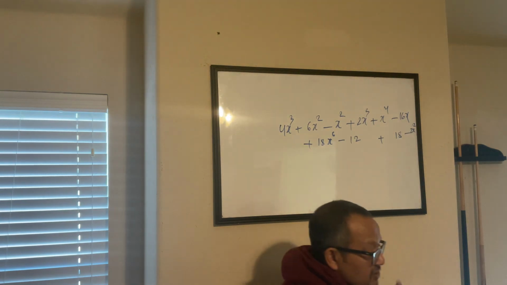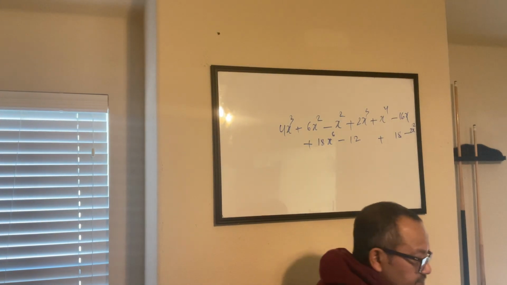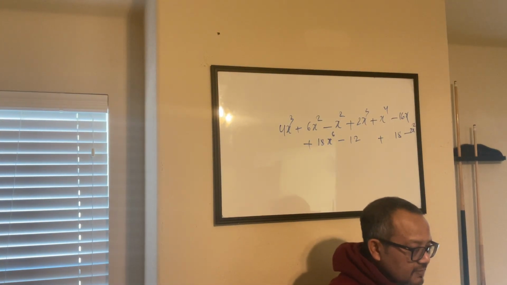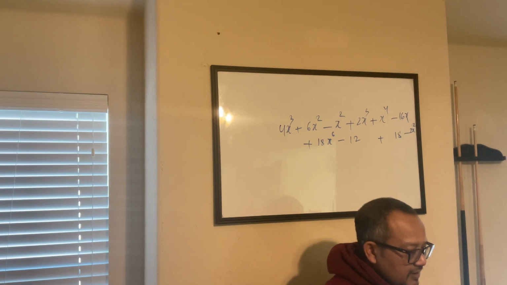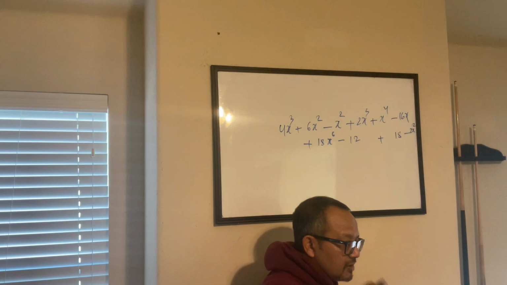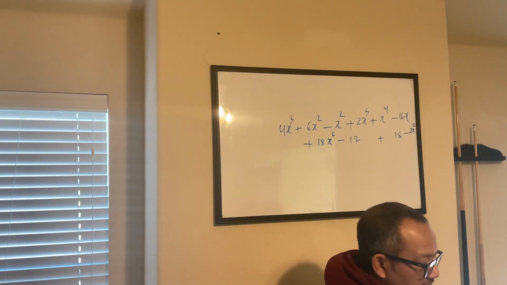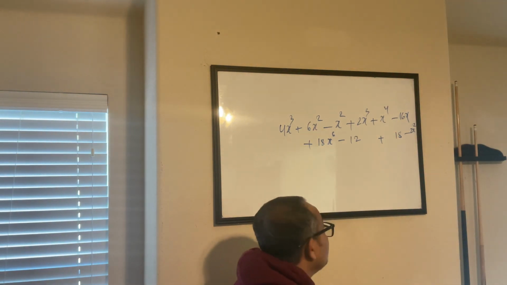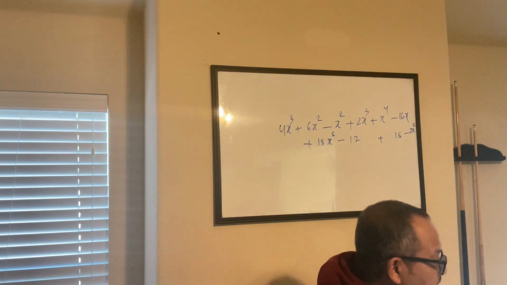Do you guys want to give it a shot? Is everybody able to see the question on the board? Okay. I would want you guys to simplify this polynomial and give me something easier that I can look at.